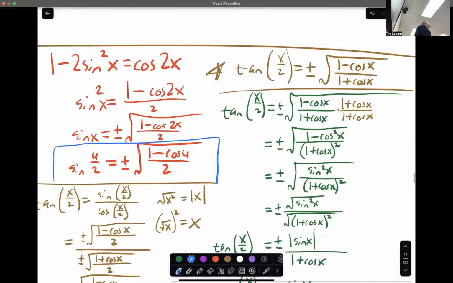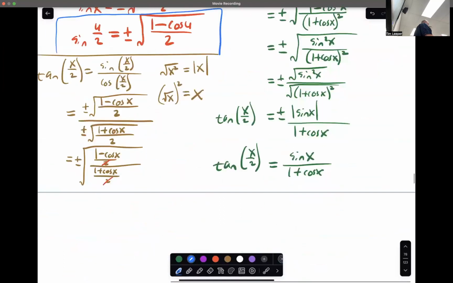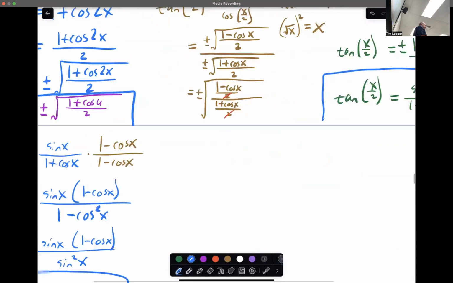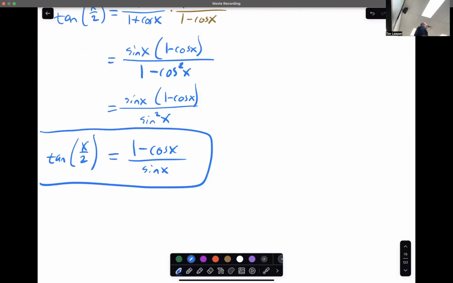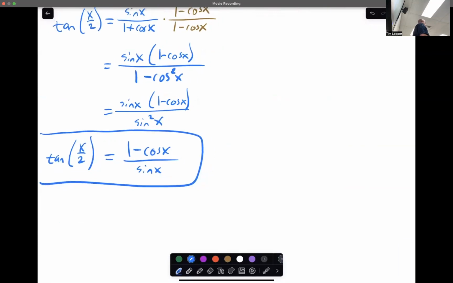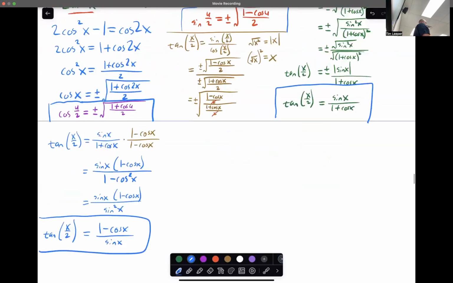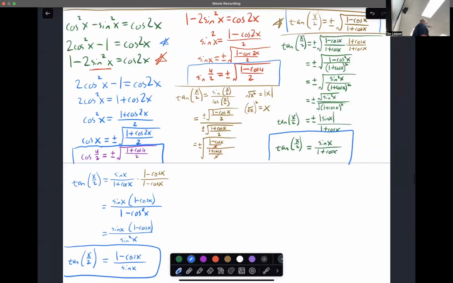Then over here, the tangent of x over 2 is equal to plus or minus the square root of 1 minus cosine of x all over 1 plus cosine of x. The tangent of x over 2 is also equal to the sine of x all over 1 plus cosine of x. And then, of course, we have this last one, tangent of x over 2 is 1 minus cosine of x all over sine of x. Wonderful. So we just proved all of the half angle identities.